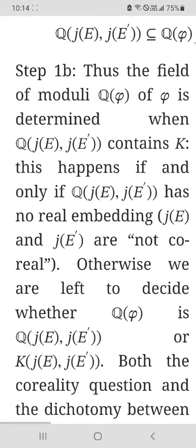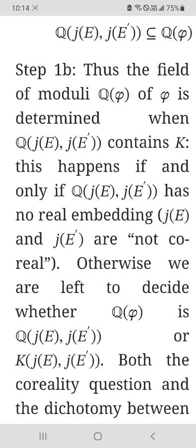Step 1b: thus the field of moduli Q(phi) of phi is determined when Q(j(E), j(E')) contains K. This happens if and only if Q(j(E), j(E')) has no real embedding, that is, j(E) and j(E') are not co-real.